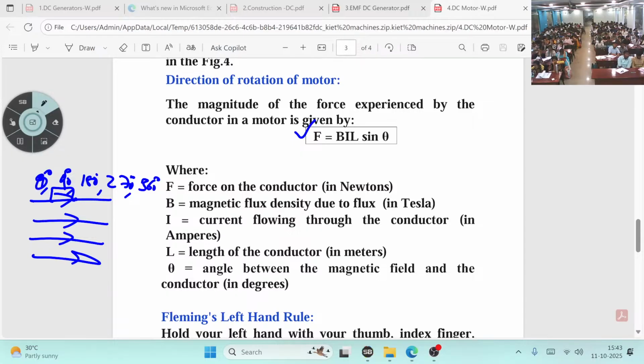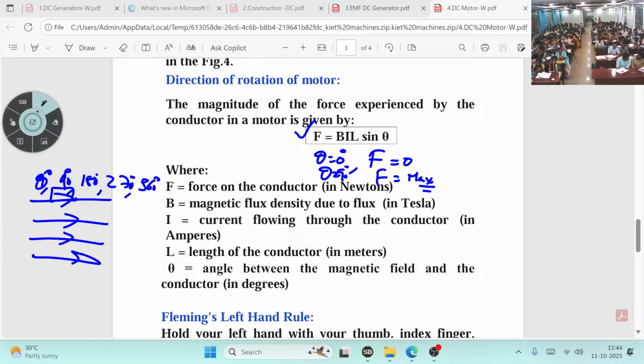If theta is equal to 0, F is 0. If theta is equal to 90, we will get maximum force.